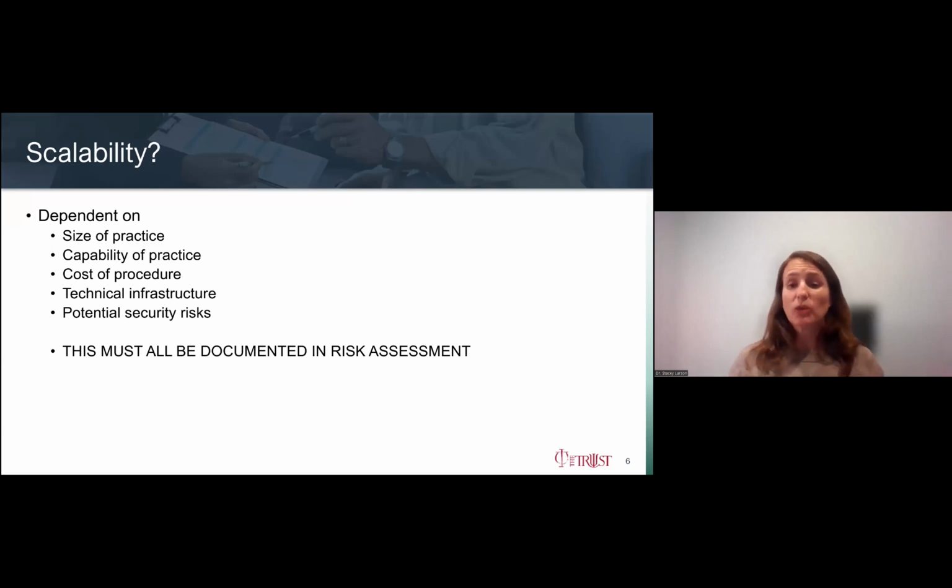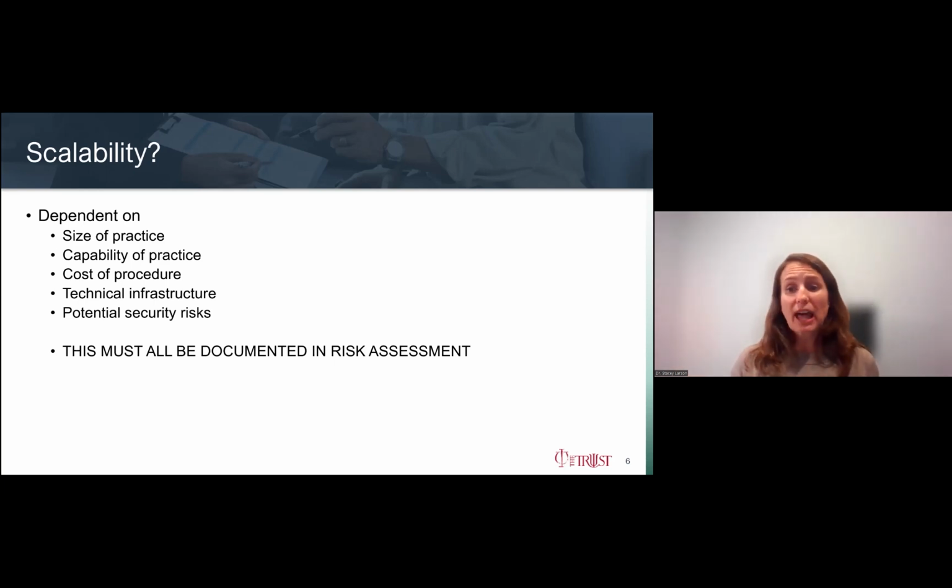It depends on the size as well as the complexity. If you have a large billing department and a records department and several providers and several ancillary providers, that's all going to play into this, as well as the capability of the practice. What level of security measures can you manage as a practice? Technical infrastructure is something they're going to look at.